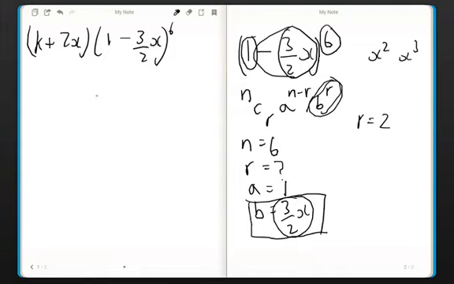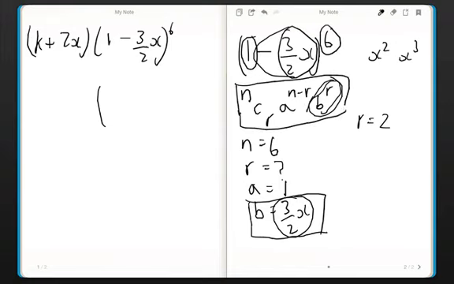Let's find r equals 0 and r equal to 1 right now. So r equal to 0, if you work that out with the formula given over here, you will find out that that answer is simply 1.